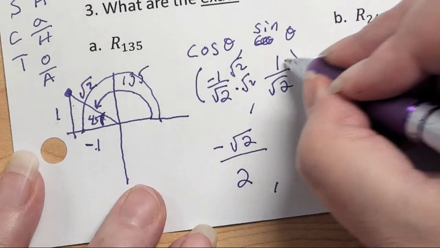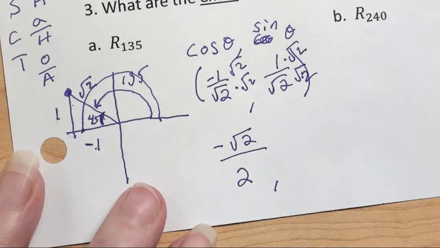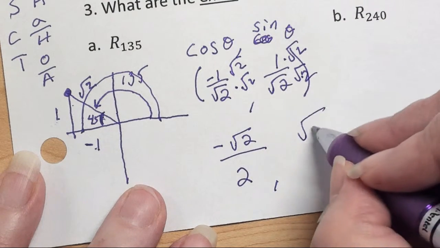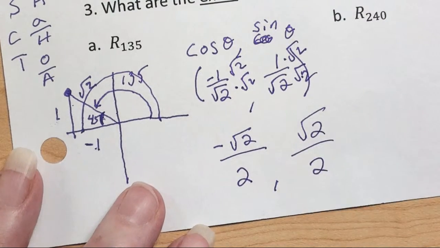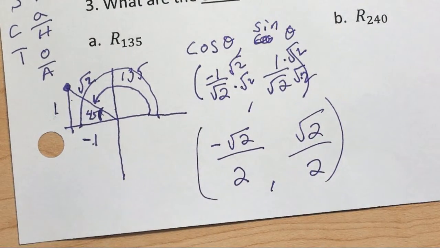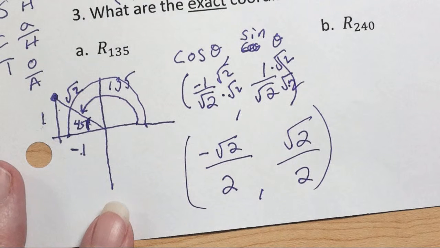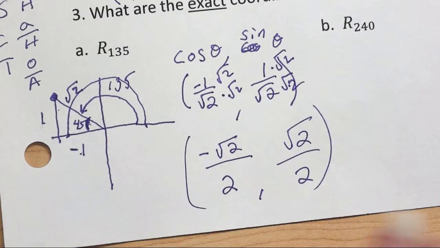On this one, we have square root of 2 over 2. Yes, no? Alright. Anybody not have it?